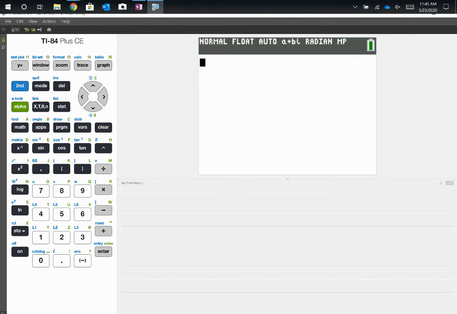Okay, let's start over. So second, and it shows you on the bottom what buttons I'm pressing. So second and the square root button, the x squared button, and type in our number 87, and we see that it's approximately 9.32.